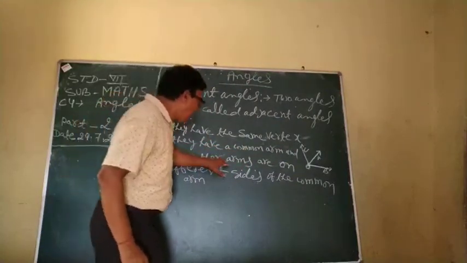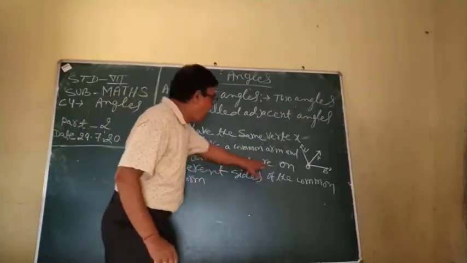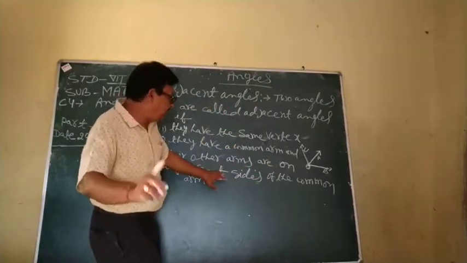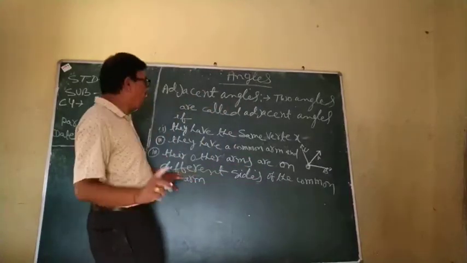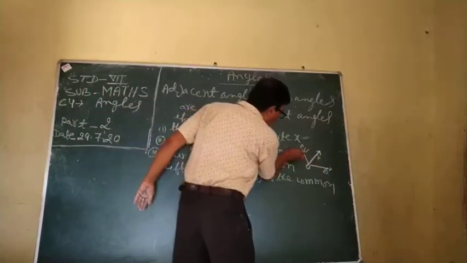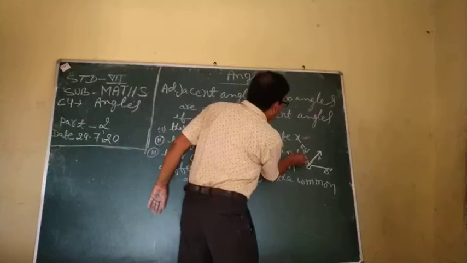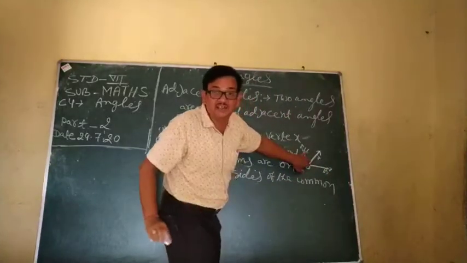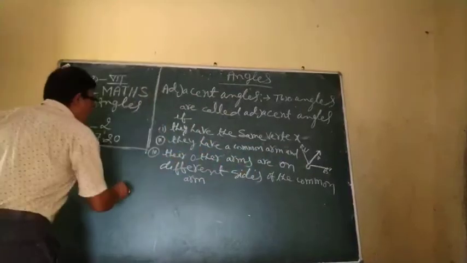Their other arms are on different sides of the common arm. See this one, OA is common, and OB and OC are on different sides. Understood? So what is their name?